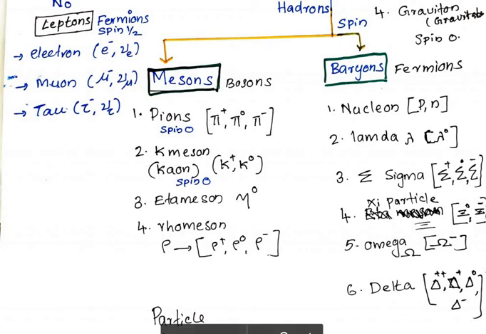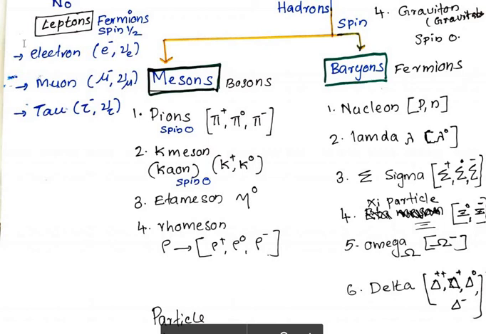Okay. And one important thing is that the leptons are fixed in number. There will be no additions or deletions from this group. There are only 6 members in this family and they are called truly elementary particles because they cannot be further divided into simpler particles.